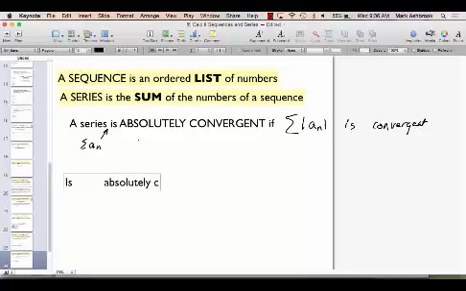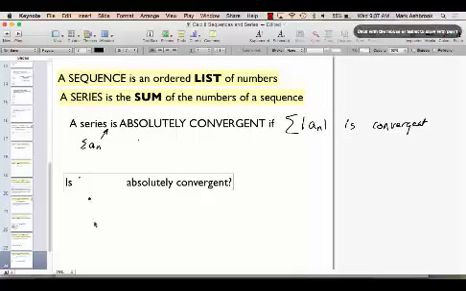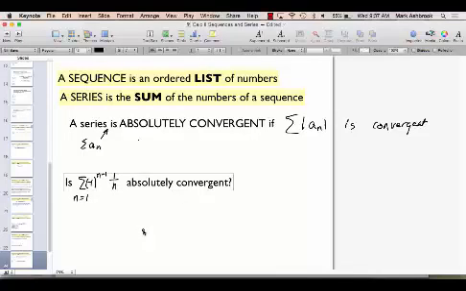Is the alternating harmonic series absolutely convergent? Well, that's asking the question.